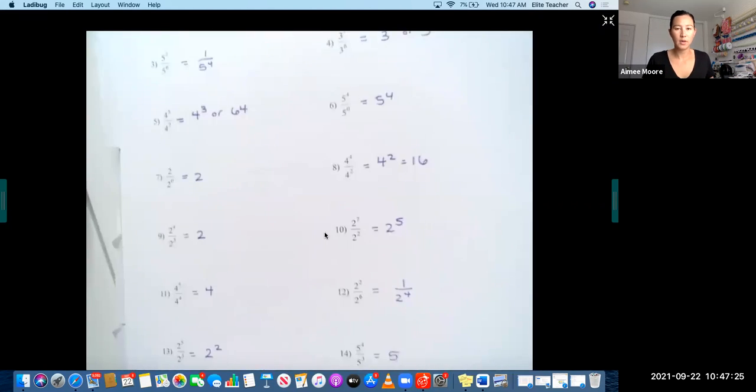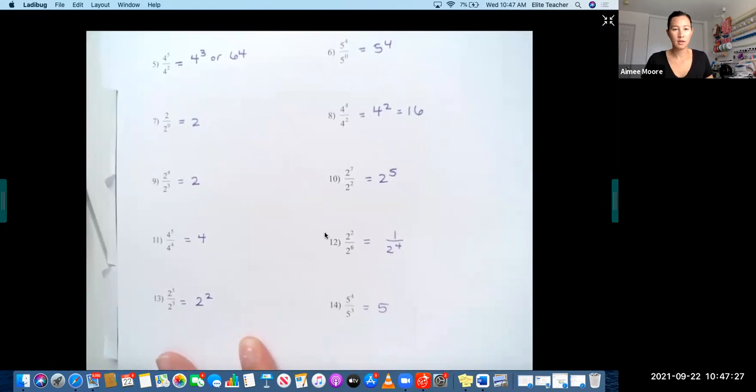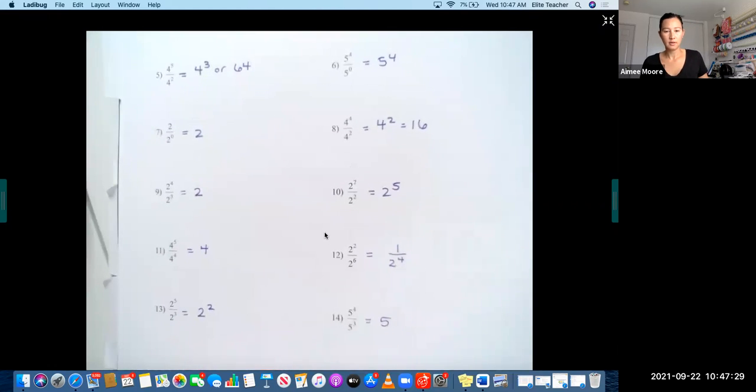So on page 29, go ahead and check 5 through 14.